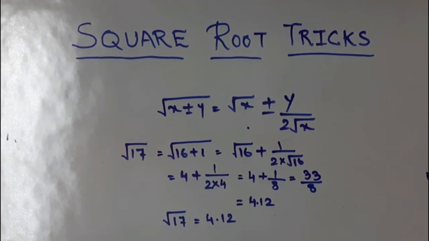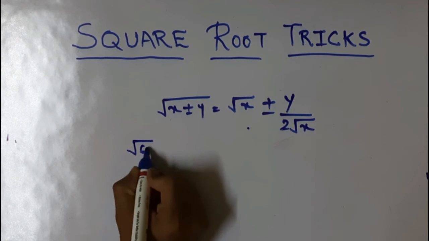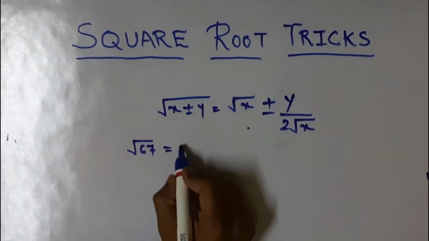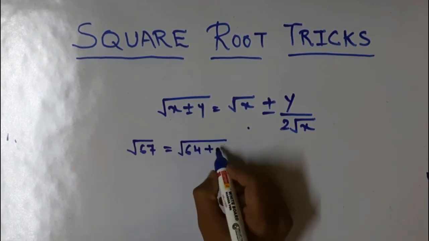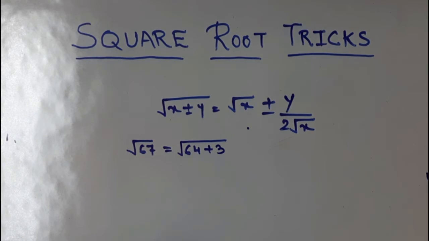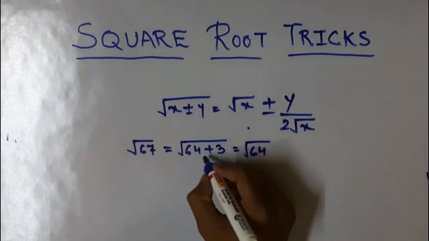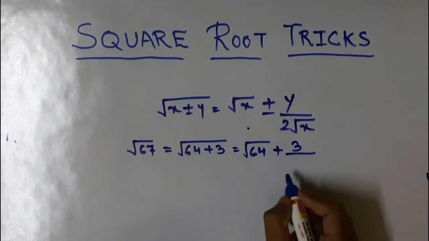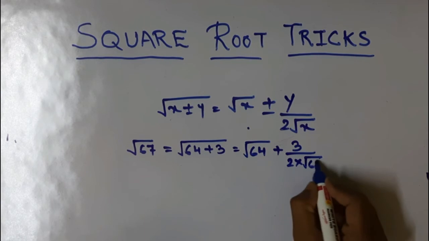Let's go to another example. Now let's find the value of root 67. The nearest perfect square of 67 is 64, so I am going to break it as 64 plus 3. Now we implement it in this formula. This is root 64, and since we have plus here, it will be plus 3 by 2 into root 64.